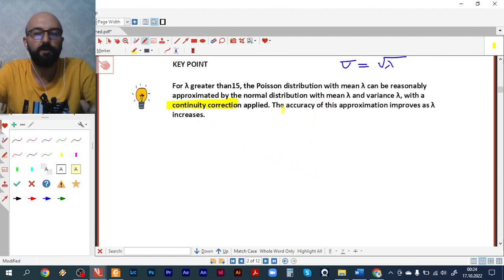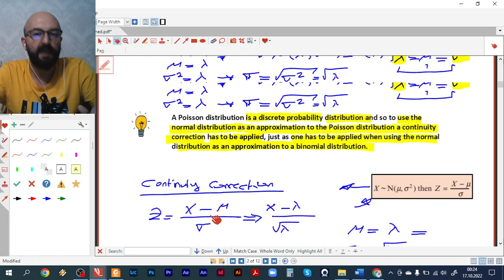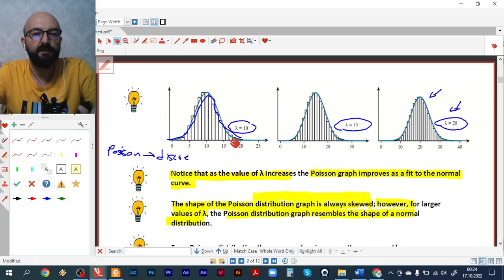It's very important for us. The accuracy of this approximation improves as lambda increases. Remember our graphs: when lambda value is 10, your curve is skewed.